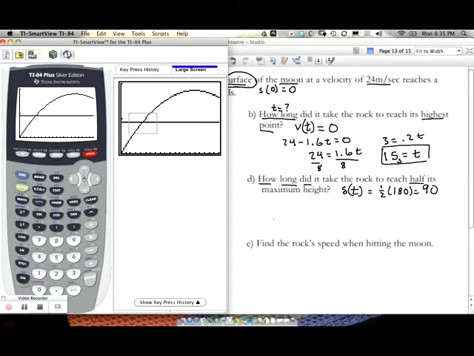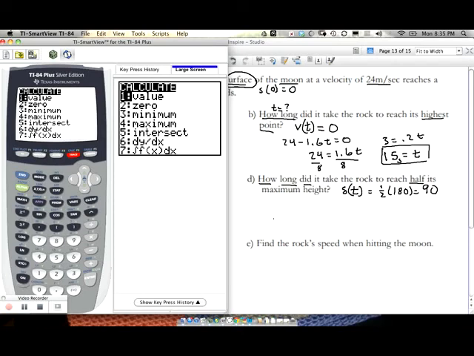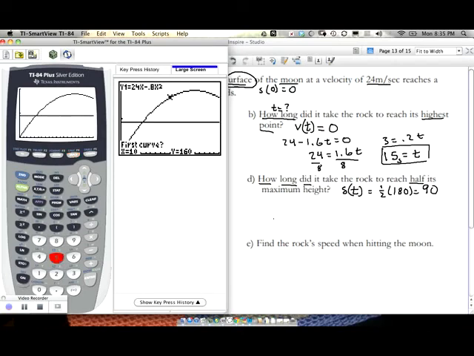So what is that point? Can I find that intersection? Yes, I can. If I go to second and calculate, I click on 5 for the intersect. Now I just have to get close to that point. So I'm scrolling over.